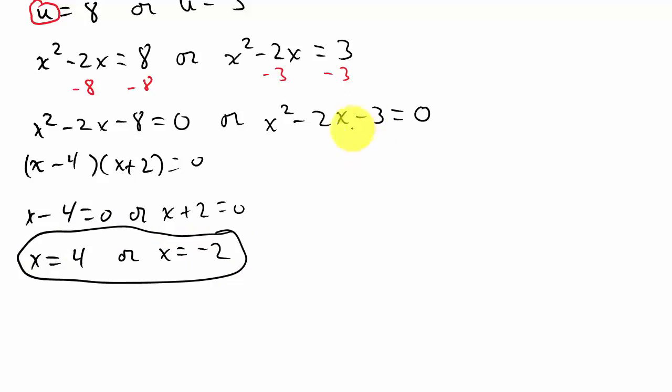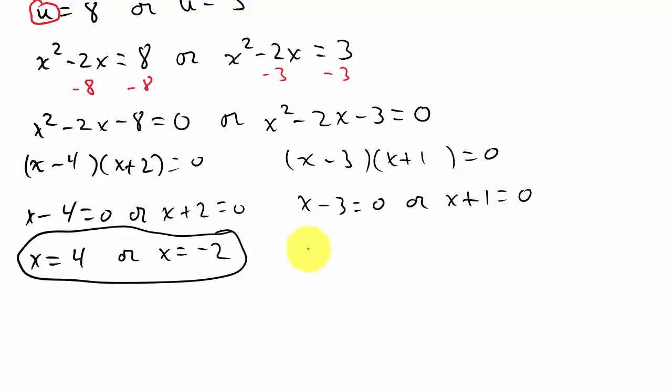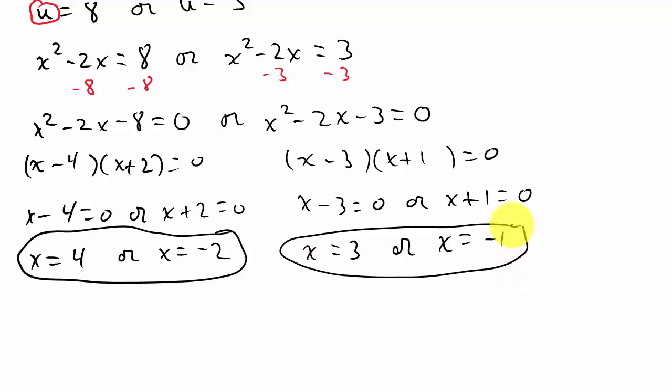And now to solve this one, I'll factor. That's x minus 3, x plus 1. So x minus 3 equals 0, or x plus 1 equals 0. So here I get x equals 3, or x equals negative 1. And there's my other two solutions.